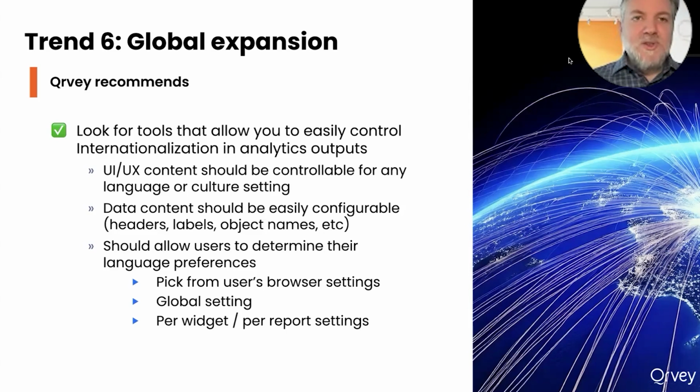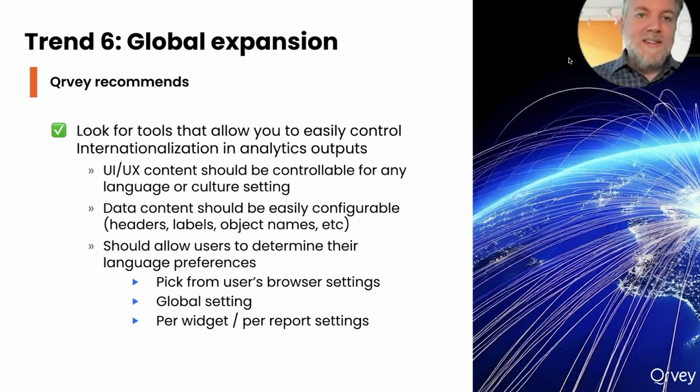It should be controllable for the UI UX, and for the data and the content. So everything from headers, labels, object names, data points, all of that should be controllable in terms of language and formatting, and also how that's determined.